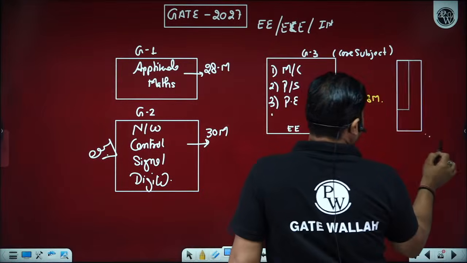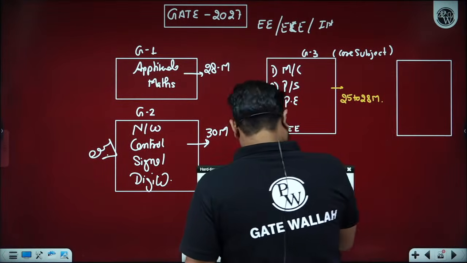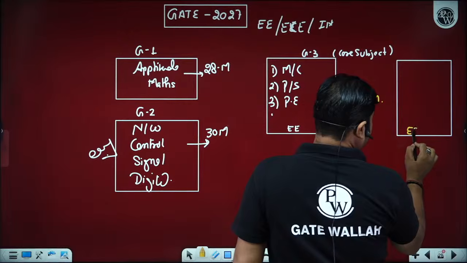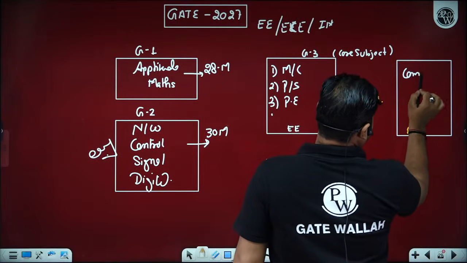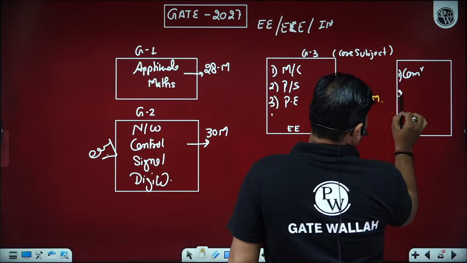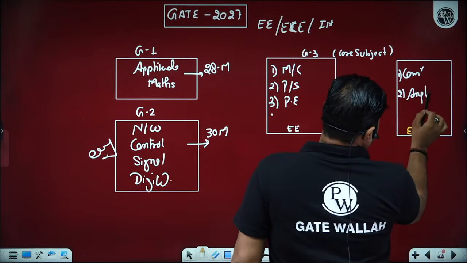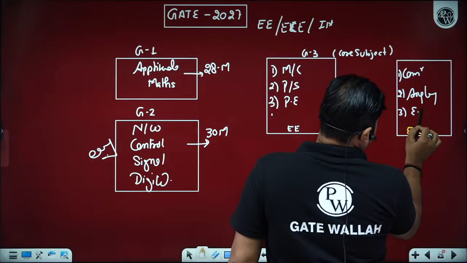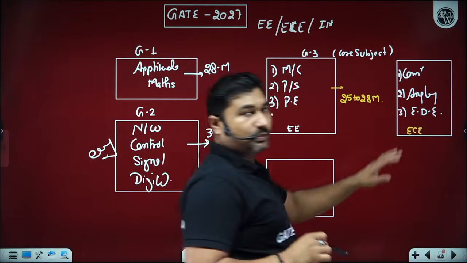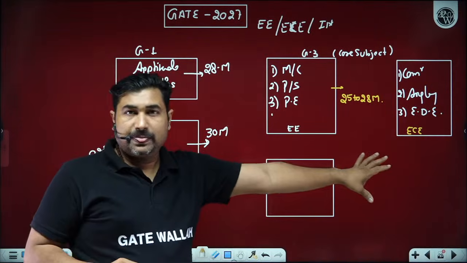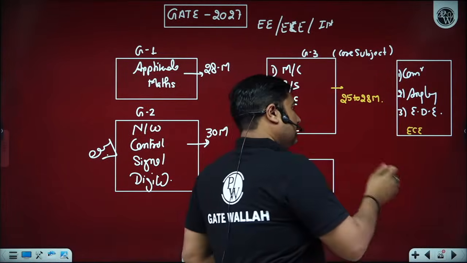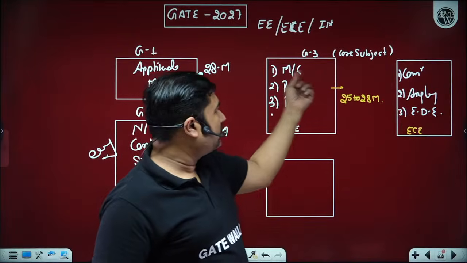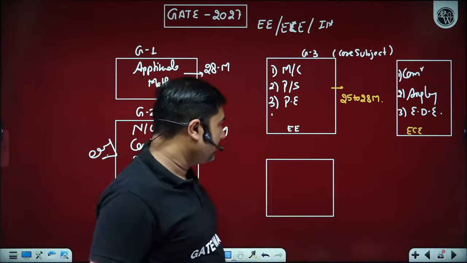For electronics students, the same group G3 is your communication, analog and EDC. So group 3 is for those students who are from electronics or IN. IN will have a small portion of machines, the rest are the same.